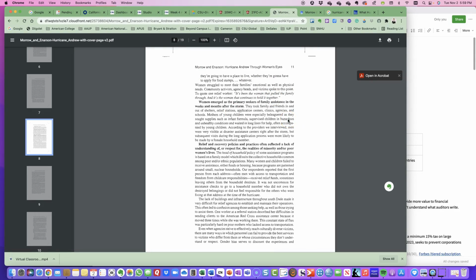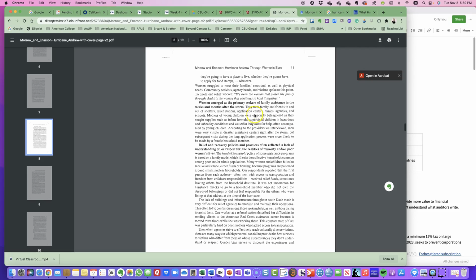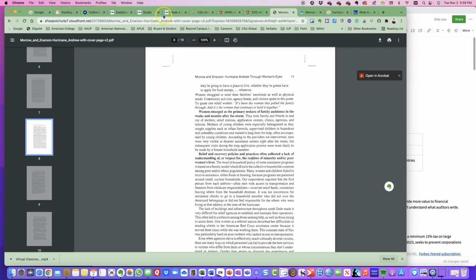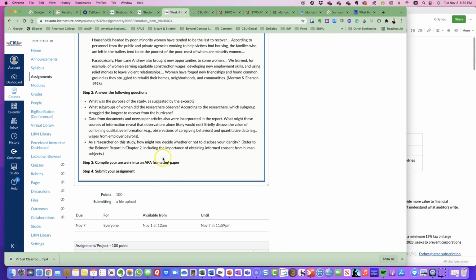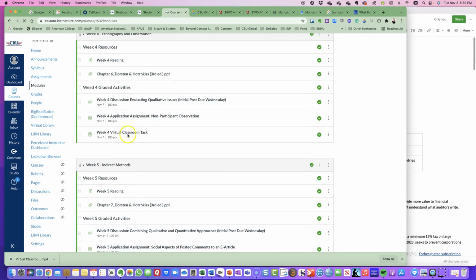Or third, you would provide a 1 to 2 page typed or greater typed summary of the article. So that is what you are going to do and submit into our modules here and into our week 4 virtual classroom task. So that is your assignment.